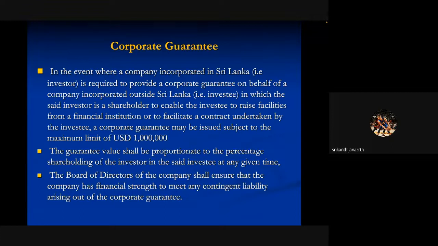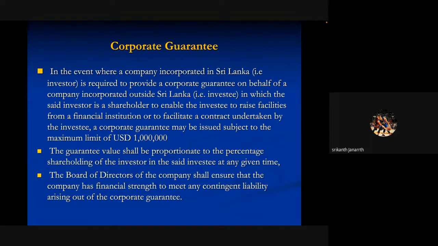The ABC company in Vietnam is owned 60% by the original ABC and Dialog holds 40%. So the ABC company wants to raise some financial facility in Vietnam, and they want a bank guarantee. They are asking Dialog also to support. Dialog can go to the bank and take a bank guarantee up to 40% of the shareholding. Instead, they are saying, okay, we have a reputed name, can they take our guarantee? It's a direct corporate guarantee issued by Dialog to the Vietnam bank. That is what you call a corporate guarantee.